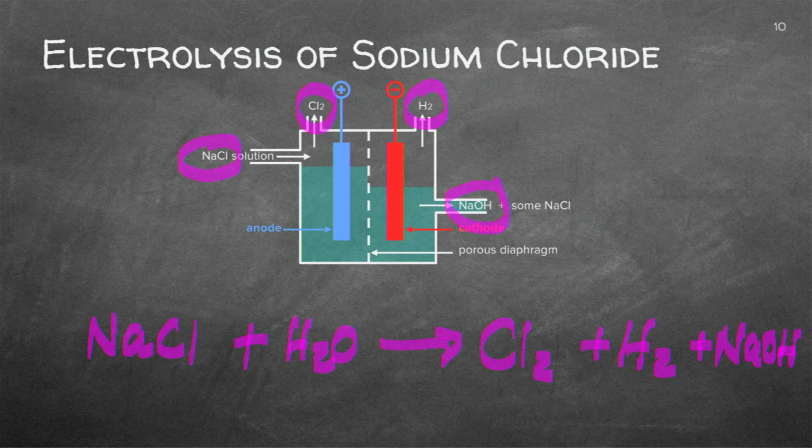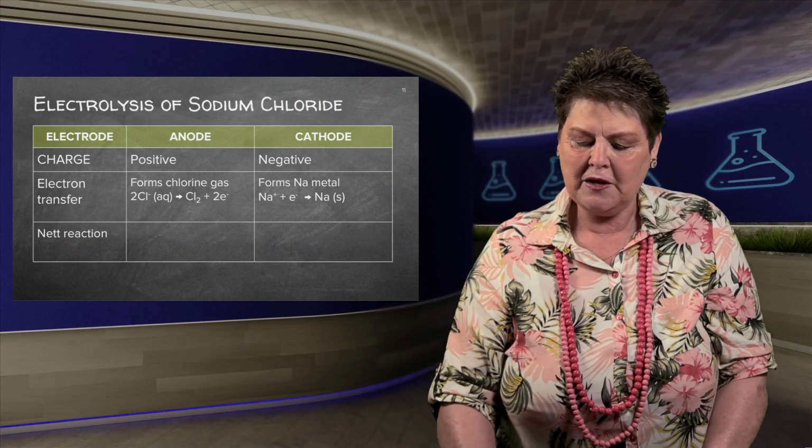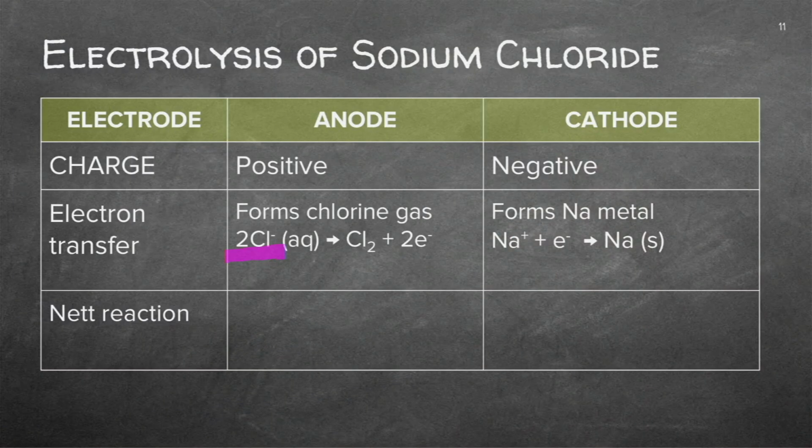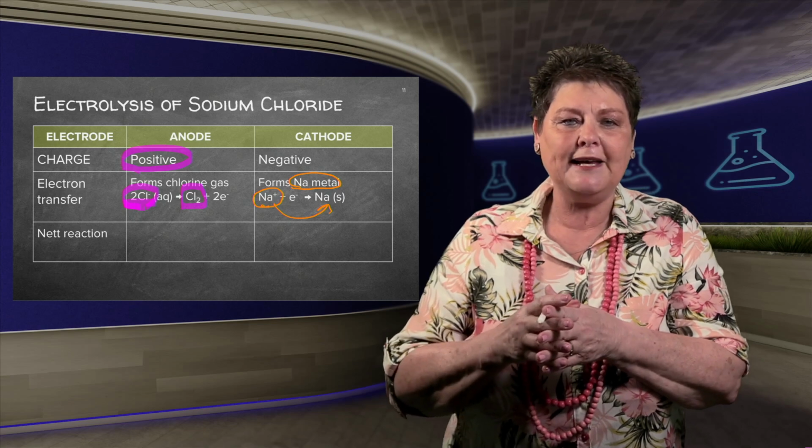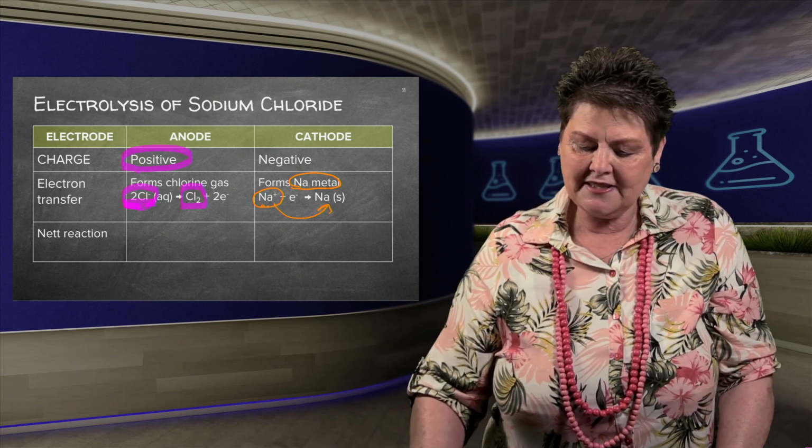Okay, guys, this is one of the applications that you have to know. So what did we do? We took chloride, it gathered at the positive side, and it made chlorine gas. It's the chloride ion, and it made chlorine gas. On the other side, we had the sodium, and the sodium ions will then form sodium metal. So it's important that you know that you can separate whatever, and you'll see there's another application as well, which makes it very clear.